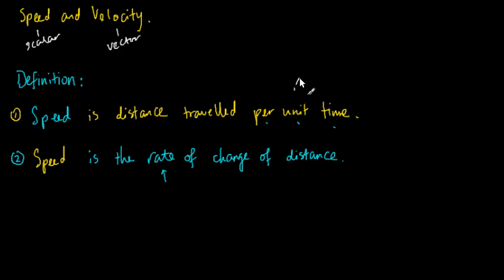Unit literally means just the number 1. But when we say unit time, it refers to a certain unit of time. It can be any unit. Like for example, it can be 1 second.